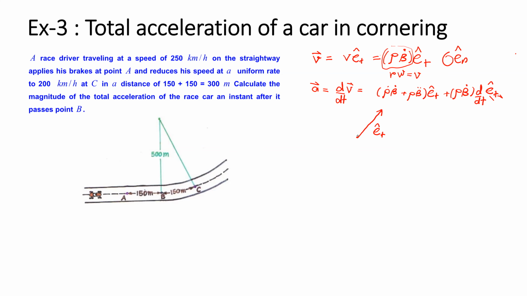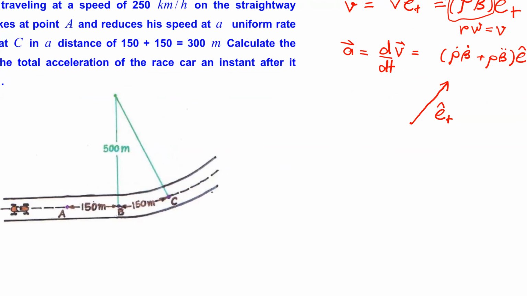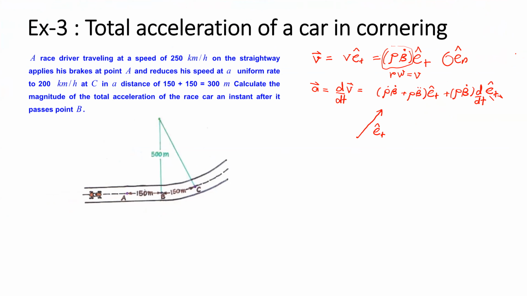After the time passes, the unit vector changes its direction. And how much did it change in direction? It changed the direction by the small angle beta.